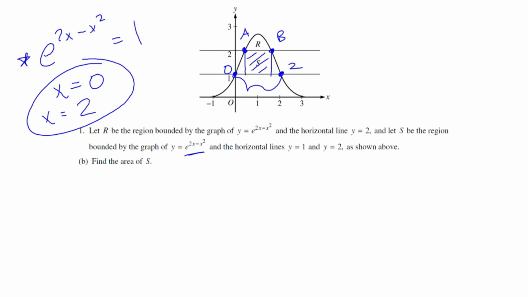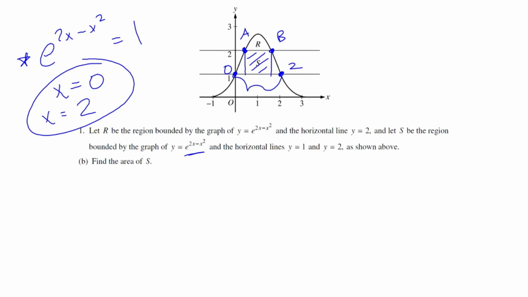So we can do it as 3 different little pieces, or we can do it as that whole big piece minus region R. So I think we'll show the setup for both. I'll only evaluate one of them.